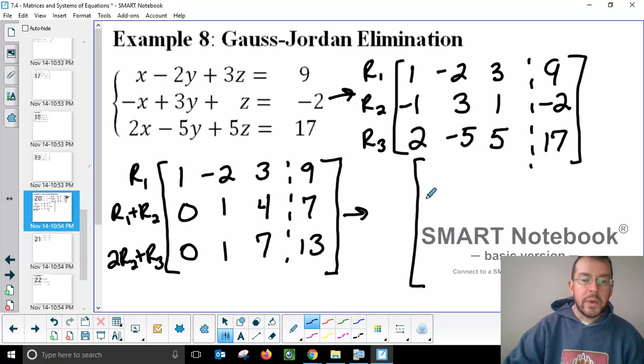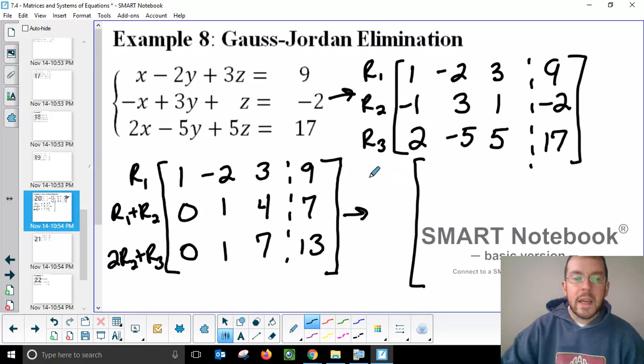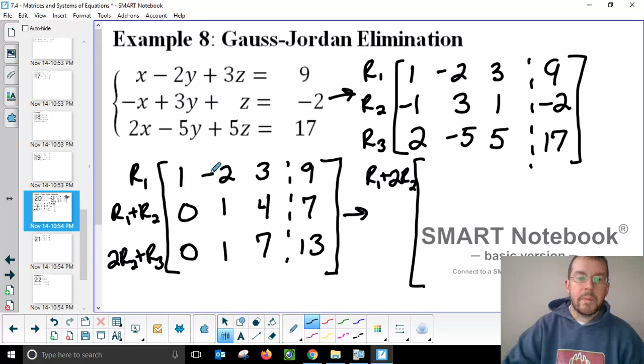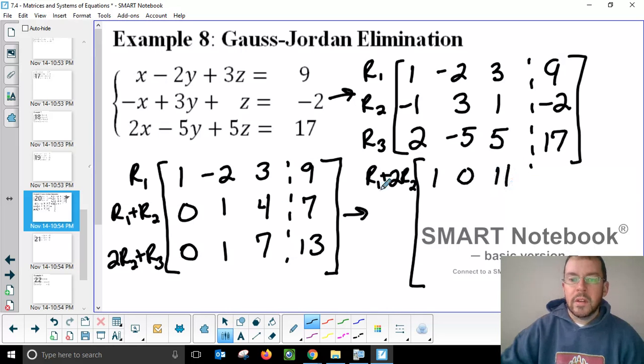We don't want to do anything to change that. To get this to be a 0, I can say row 1 plus 2 times row 2. So I will get 1 plus 0, which keeps the 1 that I want. I will get -2 plus 2, which gives me the 0 that I want. 3 plus 8 is 11, and 9 plus 14 is 23.